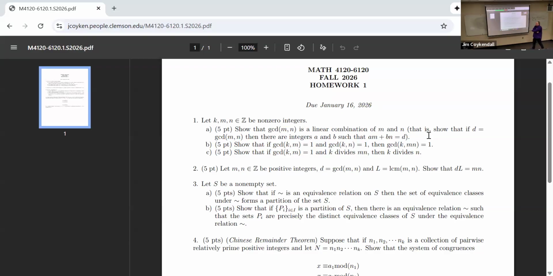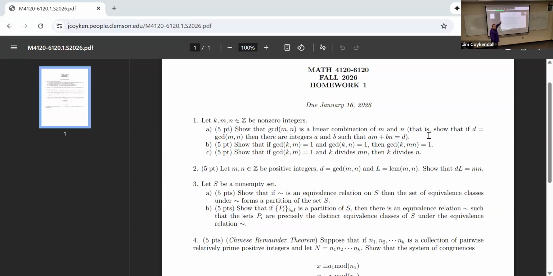Can somebody tell me, we'll do a gut check on this, what is the greatest common divisor of, say, 30 and 35? That's right. 5 is the greatest. 5 divides 30. 5 divides 35, and it's the greatest, right?